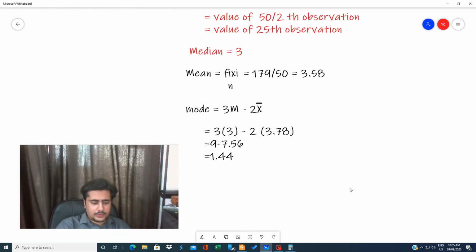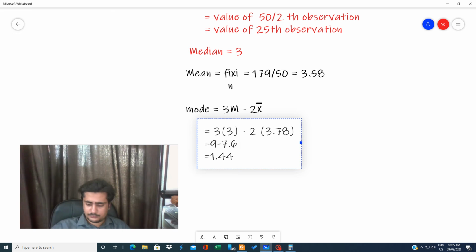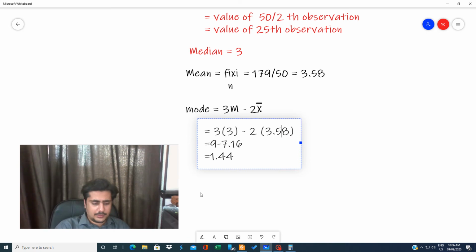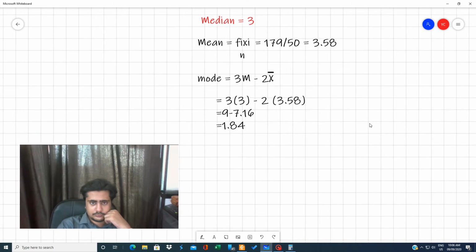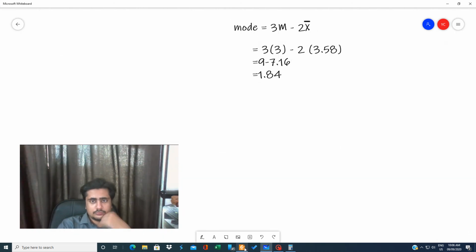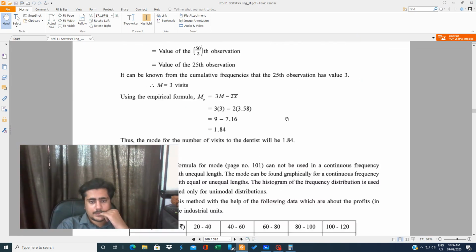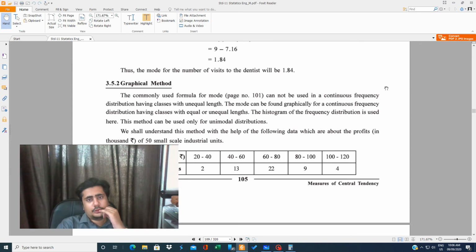Now 3.58 into 2 is 7.16. Nine minus 7.16 is 1.84. So the mode for the number of visits to the dentist will be 1.84.